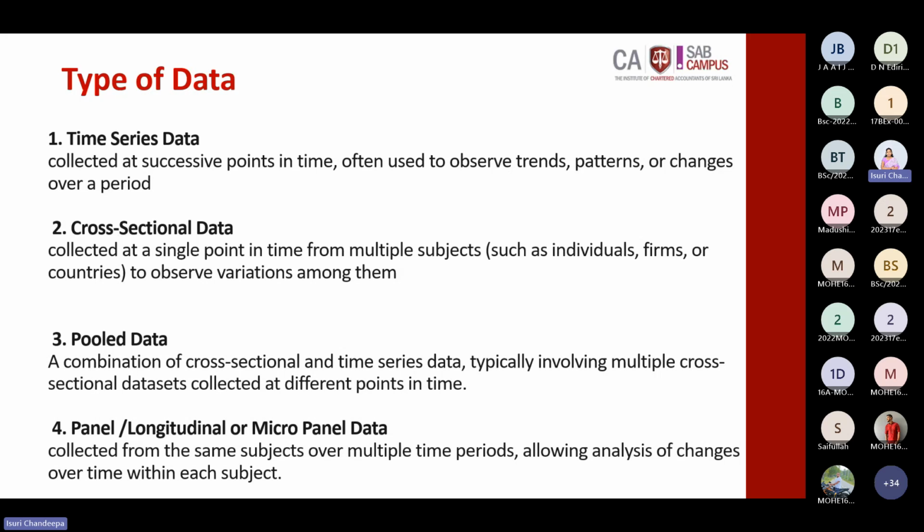You collect the data at a single point in time, during this week or during a 3 week period, from multiple subjects, a lot of individuals, firms, countries, to observe the variation among them. What is our purpose? We need to identify the variation among these individuals. So you can collect the data at a single time period from multiple objects.